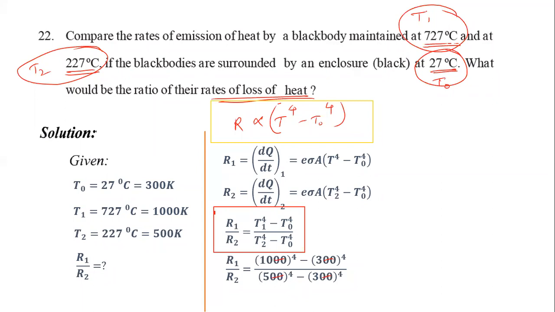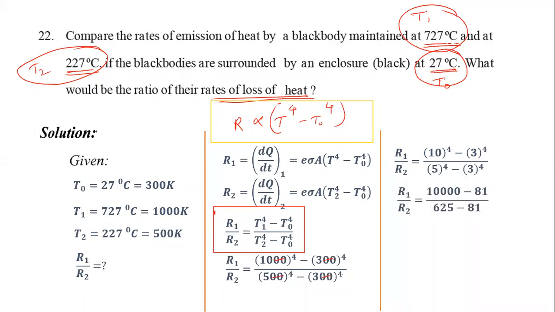Now after that, 10 raised to 4 minus 3 raised to 4 divided by 5 raised to 4 minus 3 raised to 4. 10 raised to 4 means 100 into 100, it is 10,000. 3 raised to 4 is 81. 5 raised to 4 is 25 into 25, which means 625. 3 raised to 4 is 81. 10,000 minus 81 is 9,919, divided by 625 minus 81, which is 544.